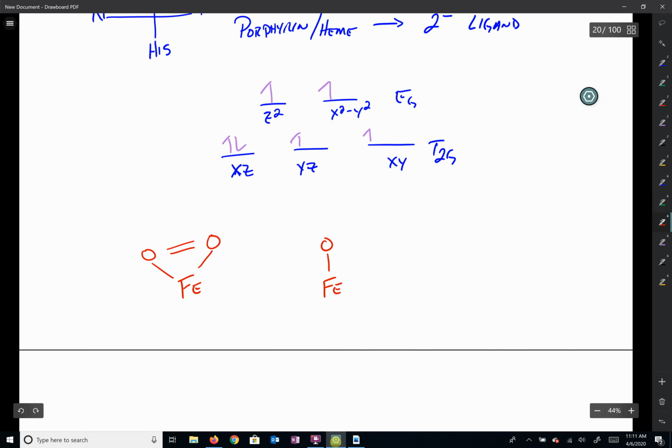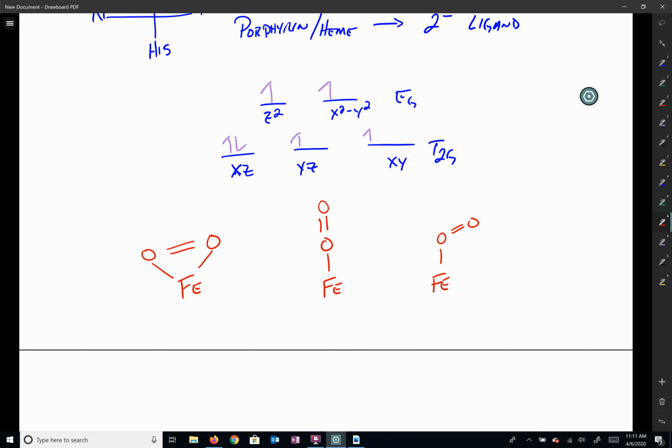It could bind in a linear fashion like this, or it could bind in a bent fashion like this. And all of these were proposed structures at one point in time.